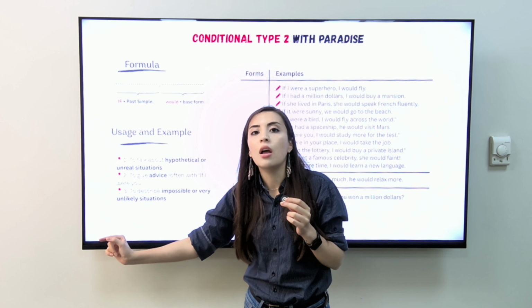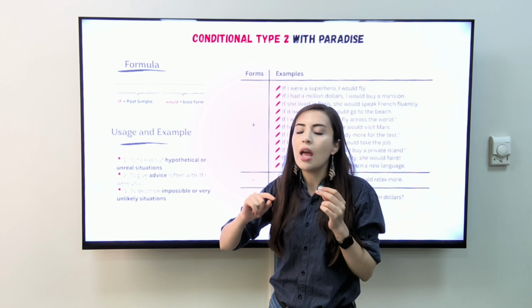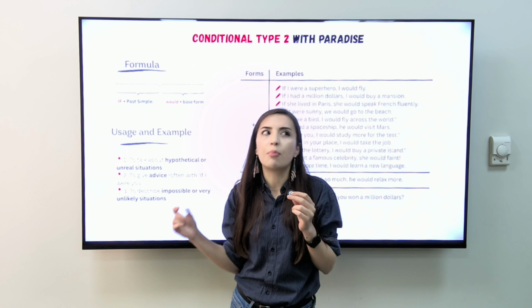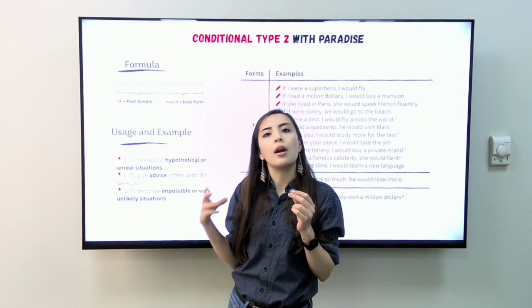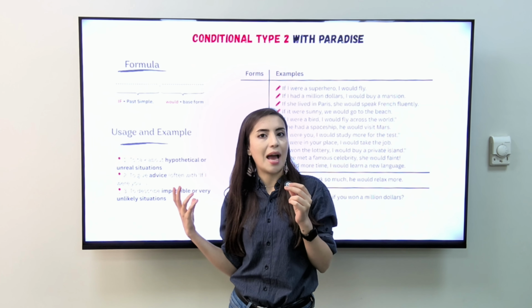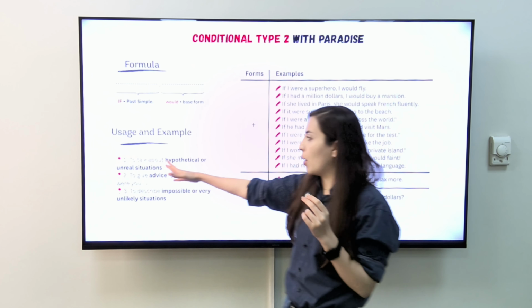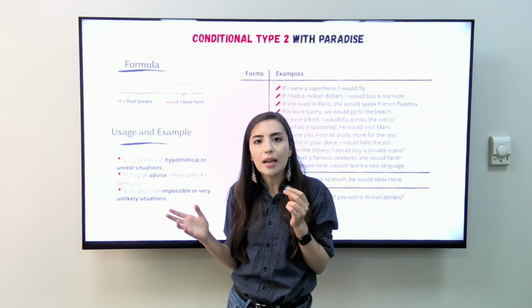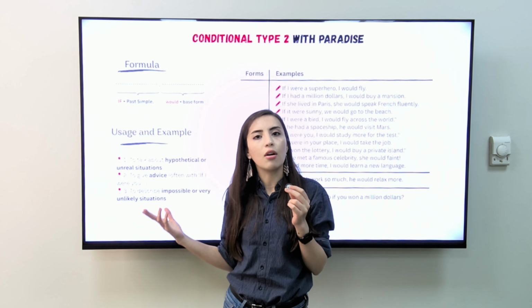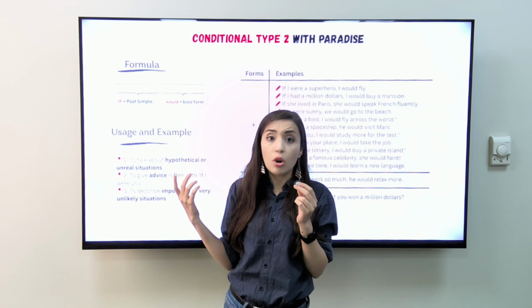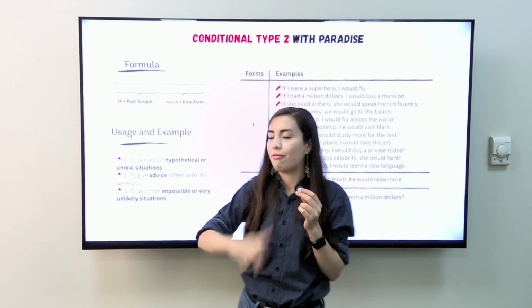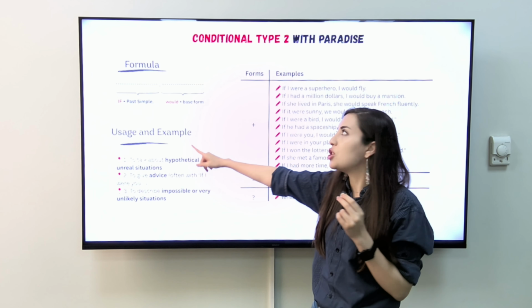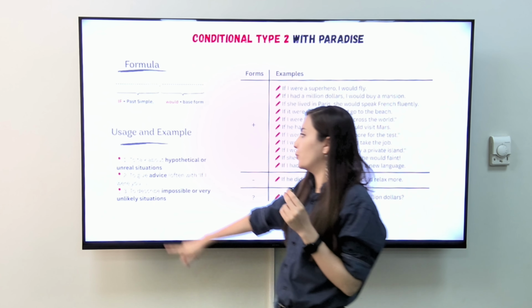And conditional type 1 was about things that were probable, likely, and possible to happen. But this one is saying that it's not real. It's hypothetical. It's fantasy. It's your dream. So this is the first situation in which we use conditional type 2.